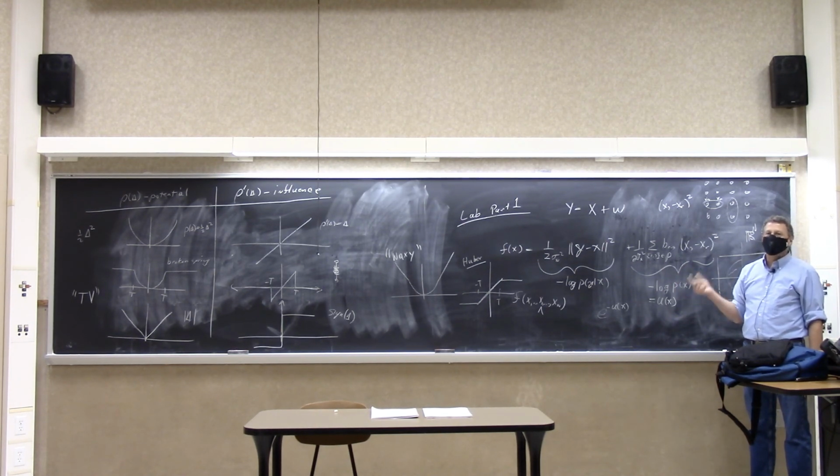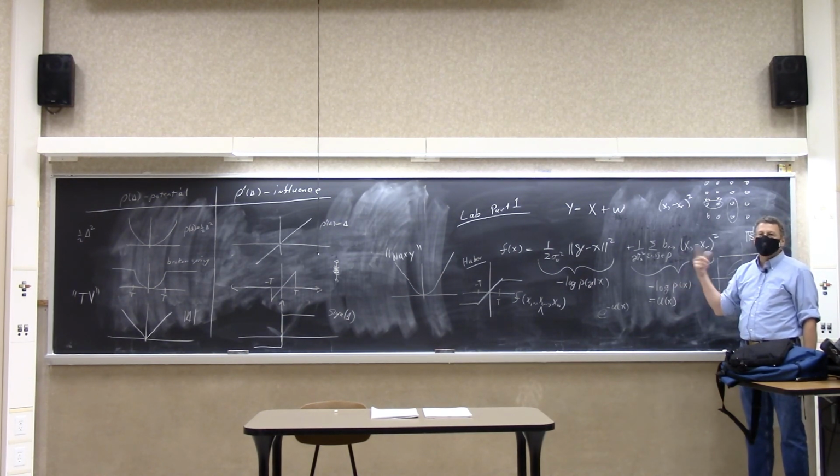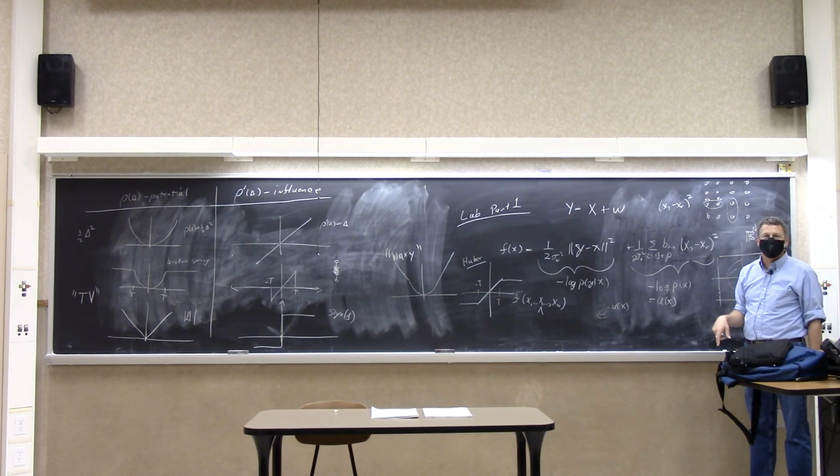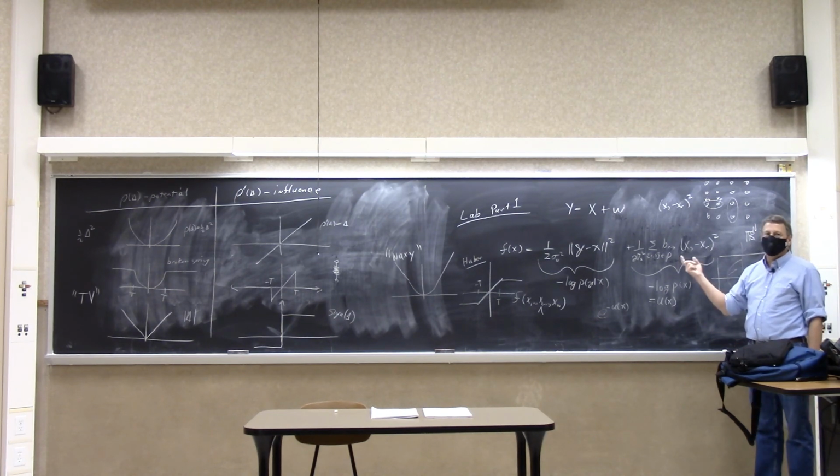You can use gradient descent. You can use coordinate descent. We'll talk about how to do the coordinate descent. The problem is that when you go to do the line search, you can't compute the solution to the line search in closed form. So you have to do it numerically. And some methods for doing it numerically are much faster than others.